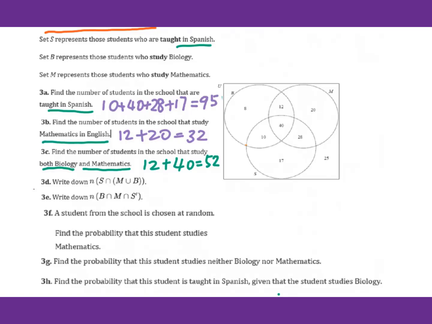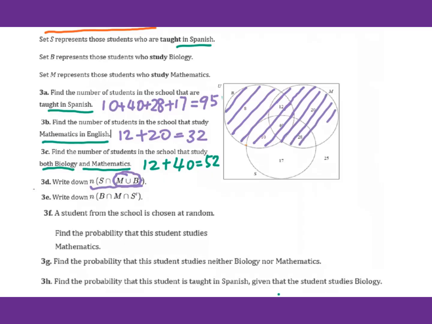For 3D, write down this. First of all, we need to do M union B, which means we will shade the M and B together. Then they said it's S intersect. So you need to shade the S with another parallel line.